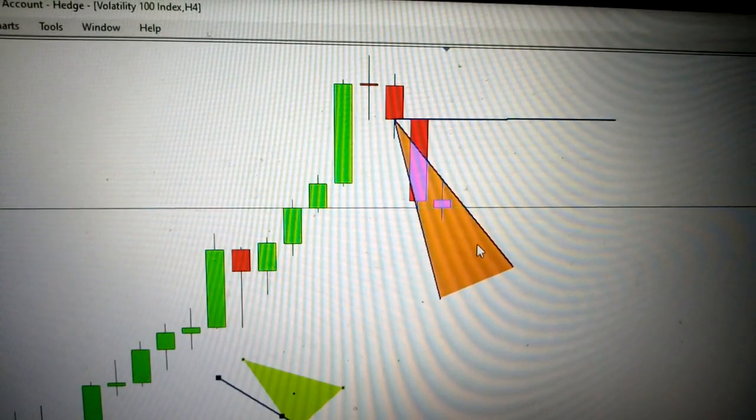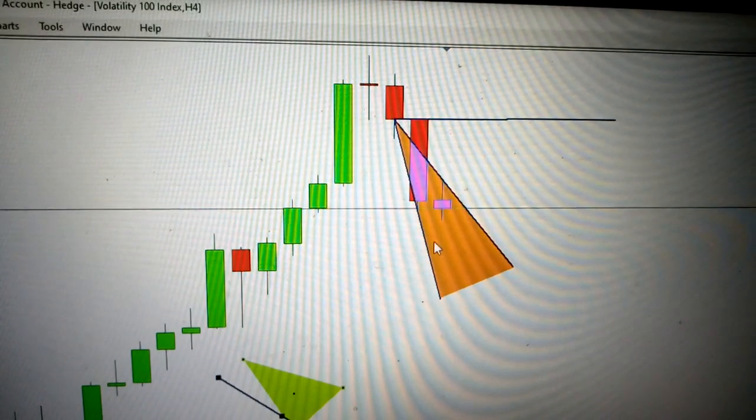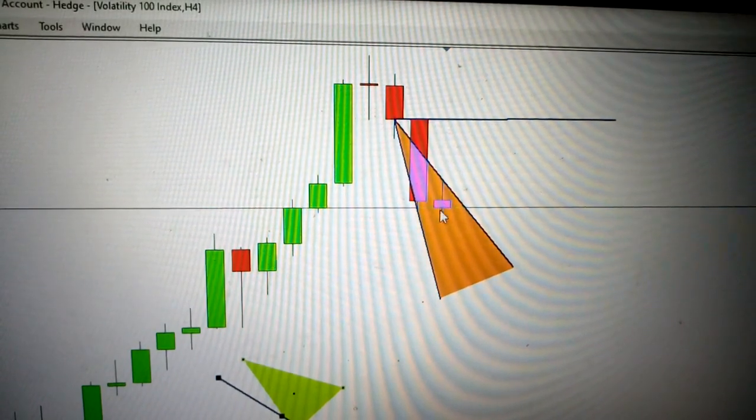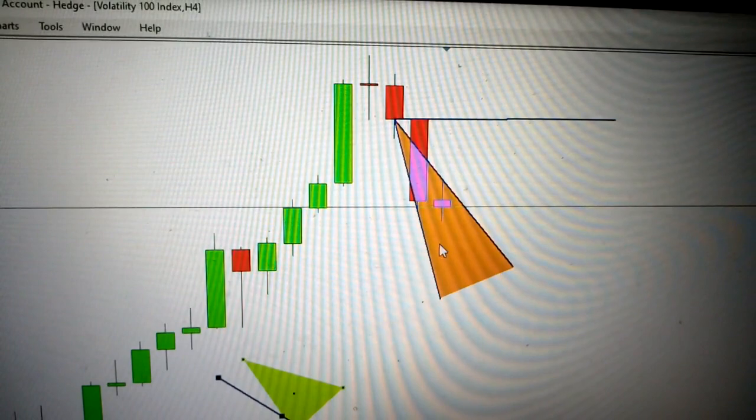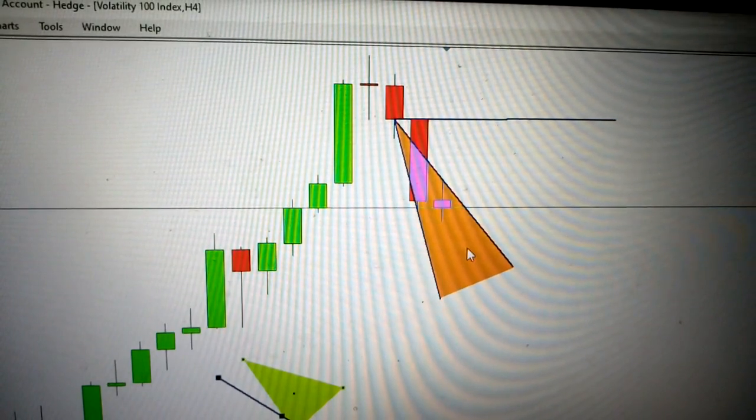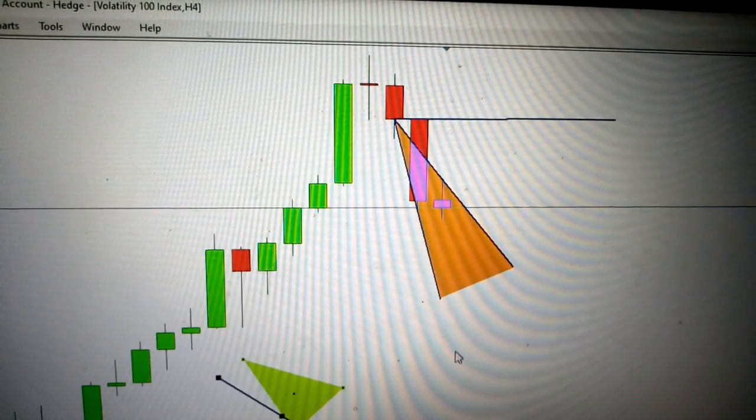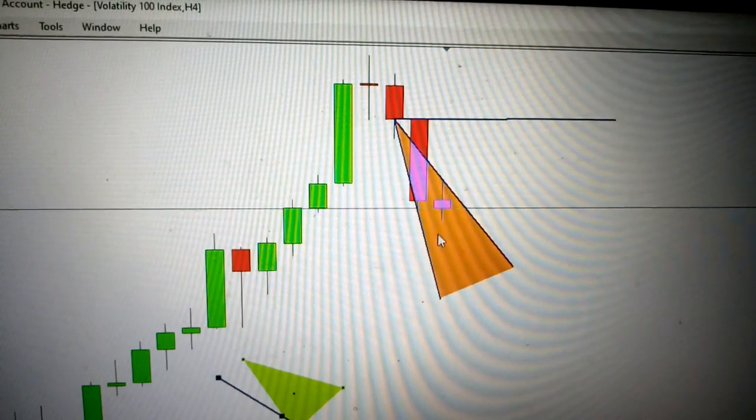So right now, if this price continues and closes here, we will take a sell. We will sell at the closing price of this candle bar. We will sell and then expect our take profit to be equal to the height of this candle bar.